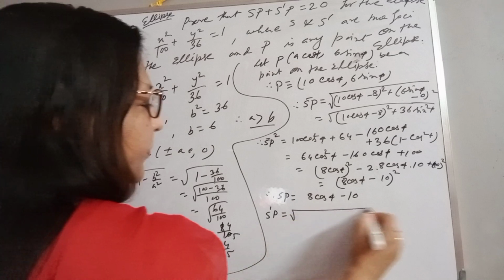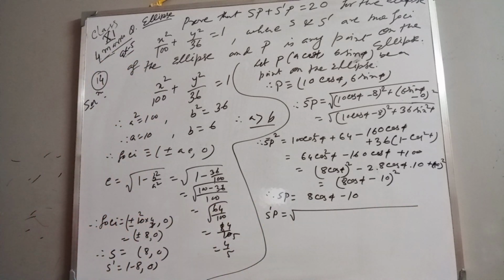Okay. Similarly, we have to find S dash P. Same formula. x1 minus x2 whole square plus y1 minus y2 whole square.